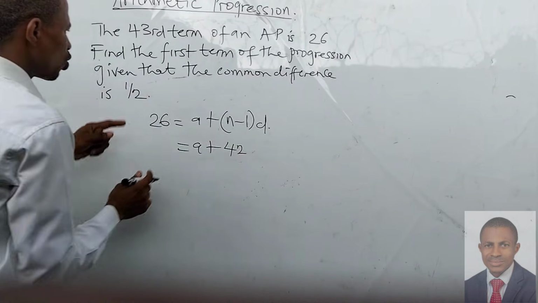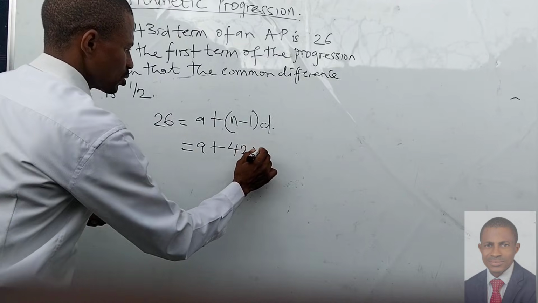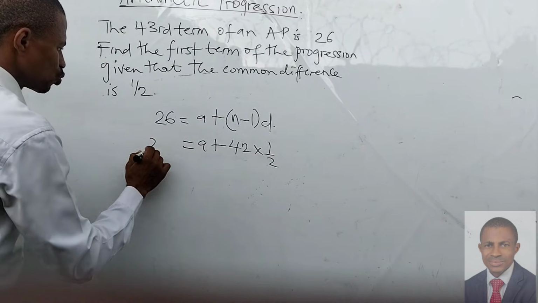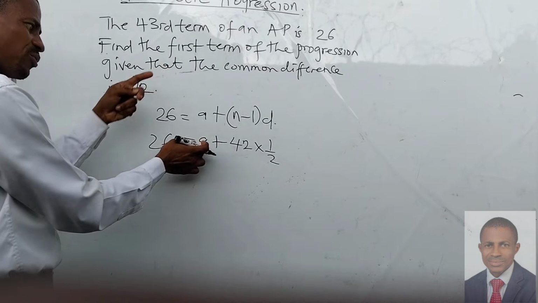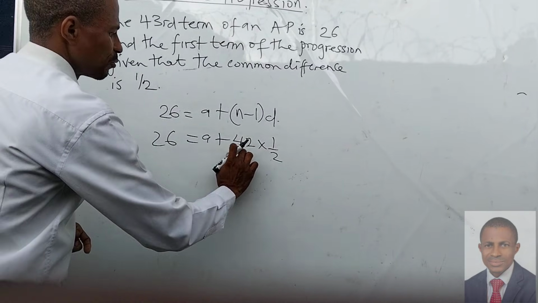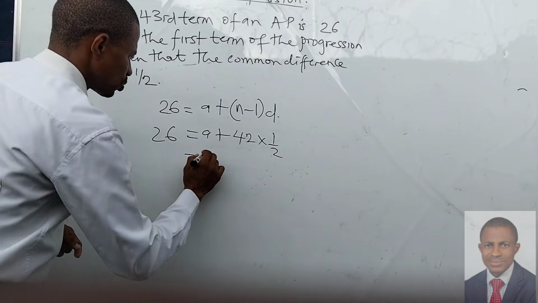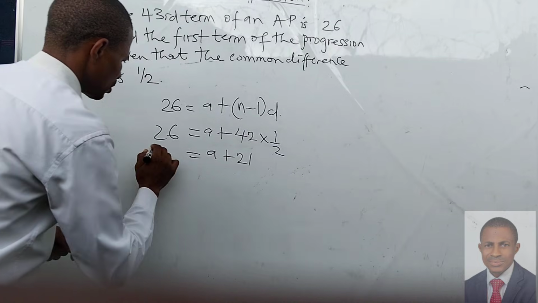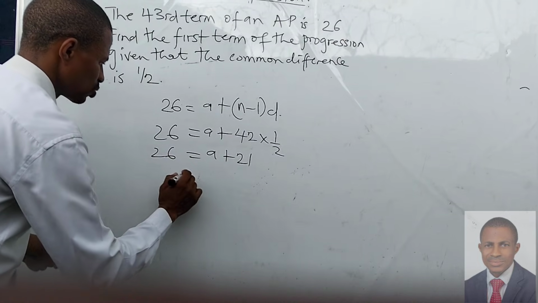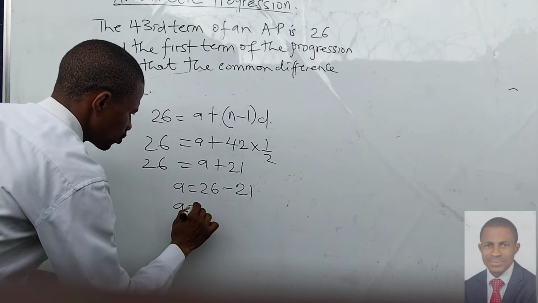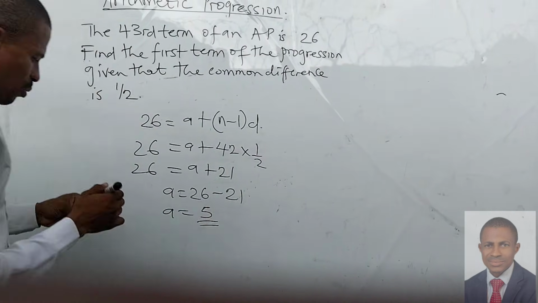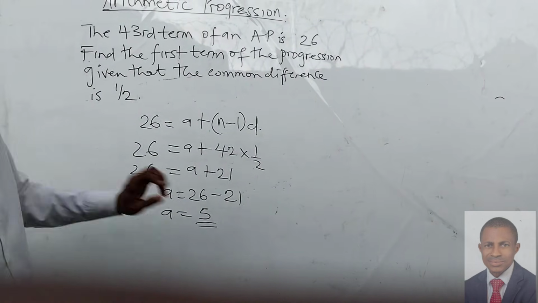Now they said the common difference is half, so that's multiplied by half. So 26, which is the 43rd term, is equal to the first term that we are looking for, and then 42 times half. This gives us a plus 21. 26 equals a plus 21. So our first term will be 26 minus 21. A will be 5. So our first term in this case is 5.